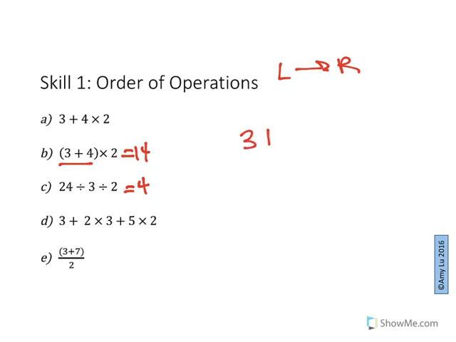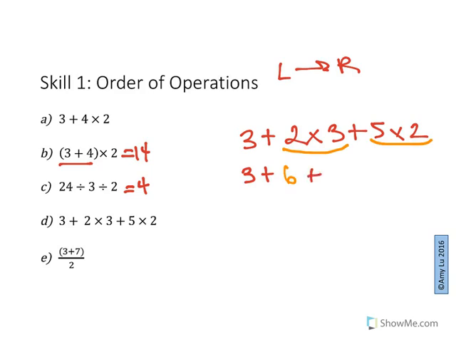Now you have 3 plus 2 times 3 plus 5 times 2. Okay, brackets. No. Indices. No. Multiplication and division. Definitely multiplication. So I have to deal with the multiplication first. And I have two sets of them, so I'm going to underline them both so I can do them at the same time. 3 plus, and then 2 times 3 is 6.